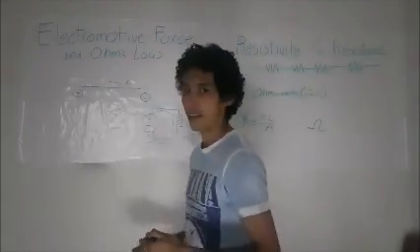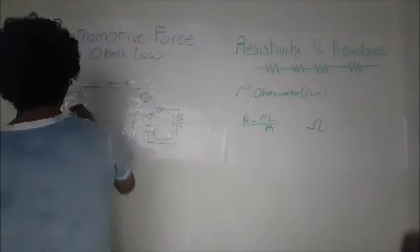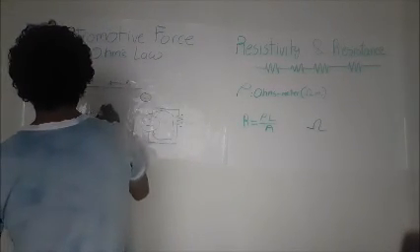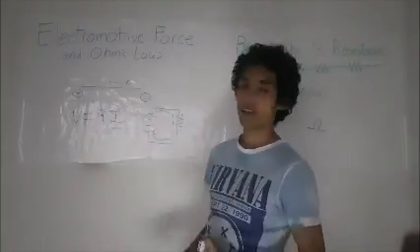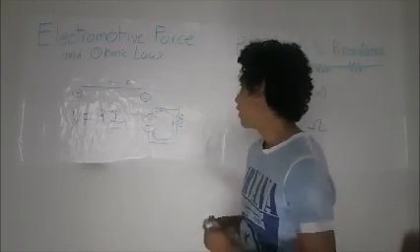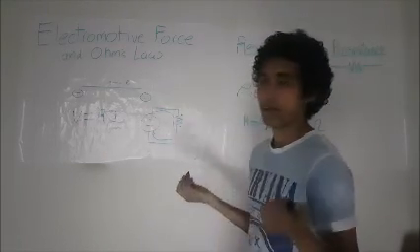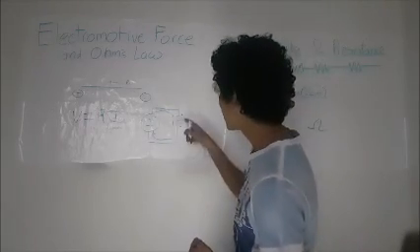Okay, now that you're ready, I'm going to explain Ohm's law. It's very easy actually. Voltage equals resistance times current. Well, that's all. It is not that difficult.